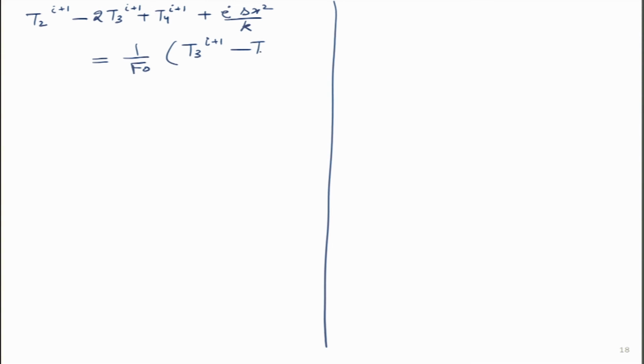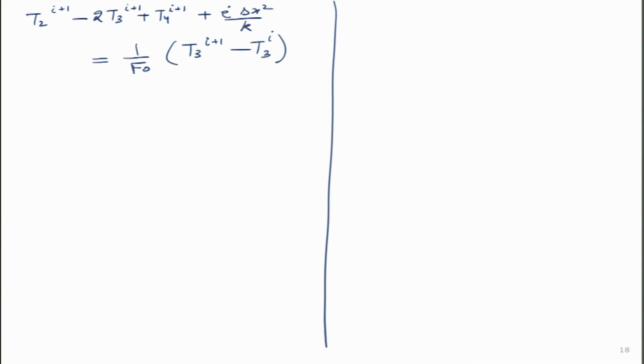So, what we end up doing is T2 at i plus 1 minus 2 T3 at i plus 1 plus T4 at i plus 1 plus E dot delta x square by k. This whole thing turned out to be 1 by Fourier multiplied by T3 at i plus 1 minus T3 at i. Let me check if I am doing it correctly. Yes.